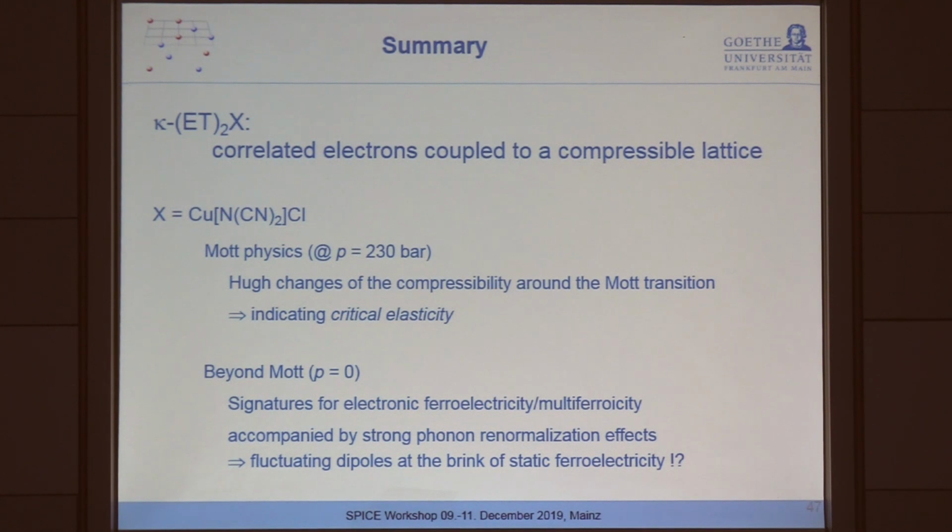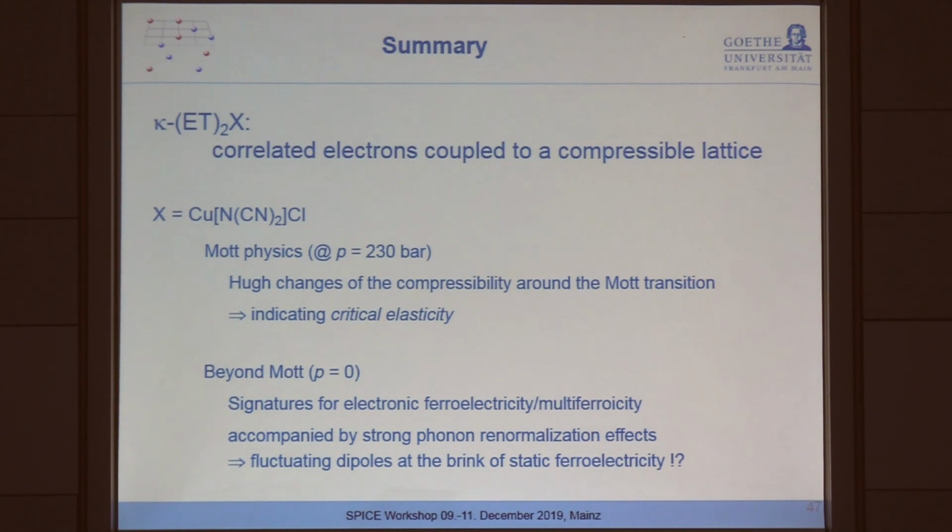we made the surprising observation of ferroelectric signatures and even multiferroicity, which, by means of neutron scattering experiments, were found to be accompanied by strong phonon renormalization effects, which we then used as a probe to understand the issue with this ferroelectricity and the absence of a split peak in the infrared spectra.